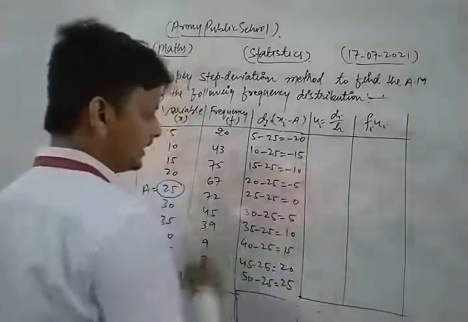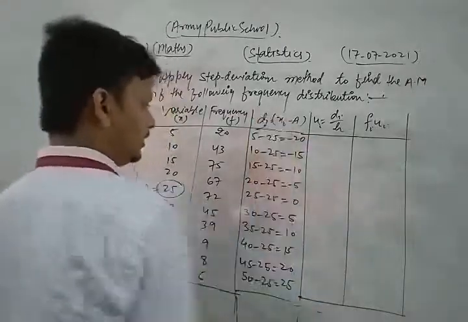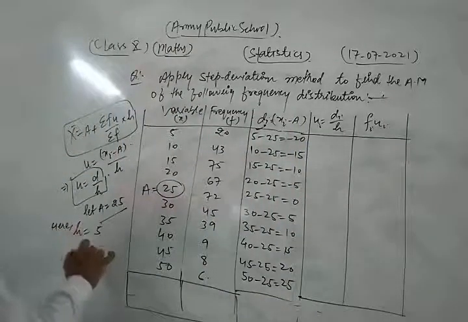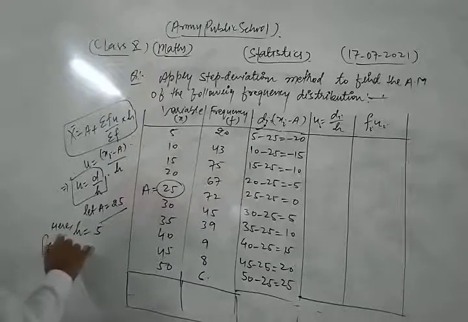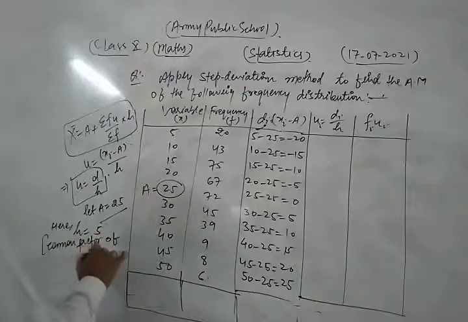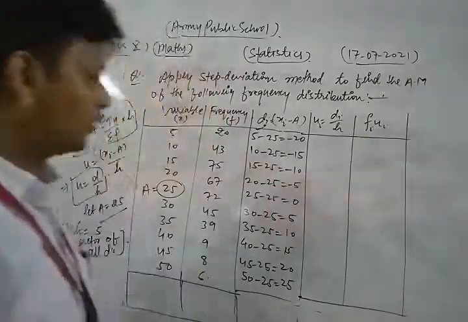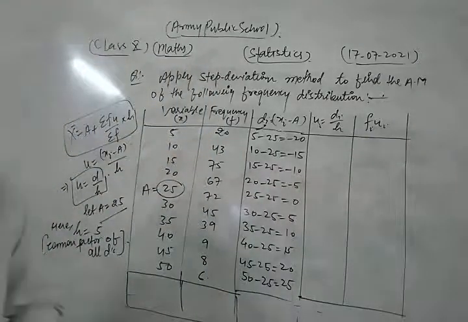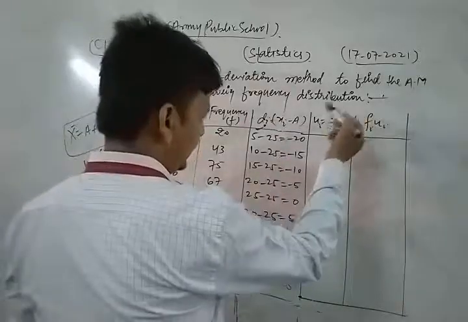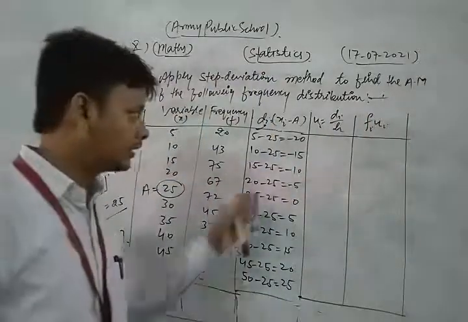Here the common factor in d is 5, because 5 divides each and every term in the third column. So h is taken as 5, and for finding the value of u, we divide each d_i by h.